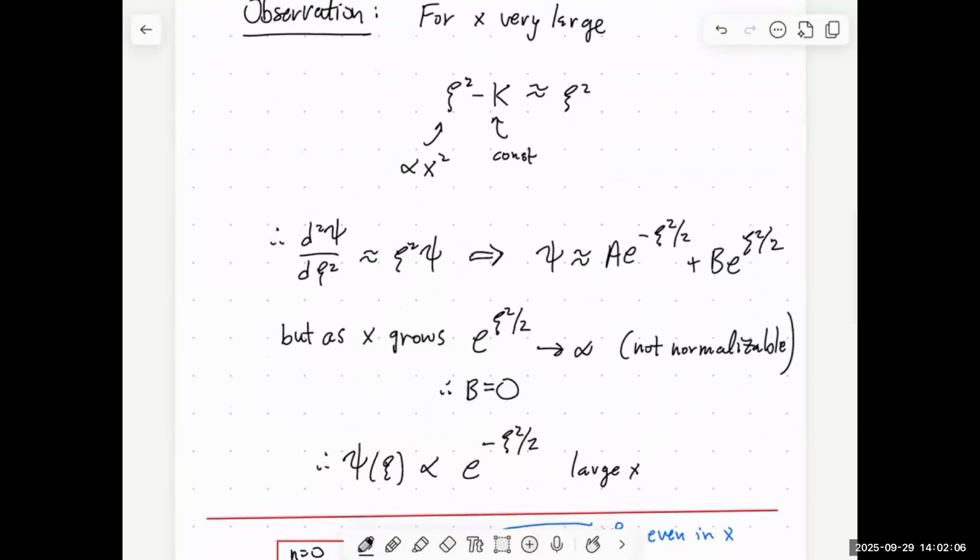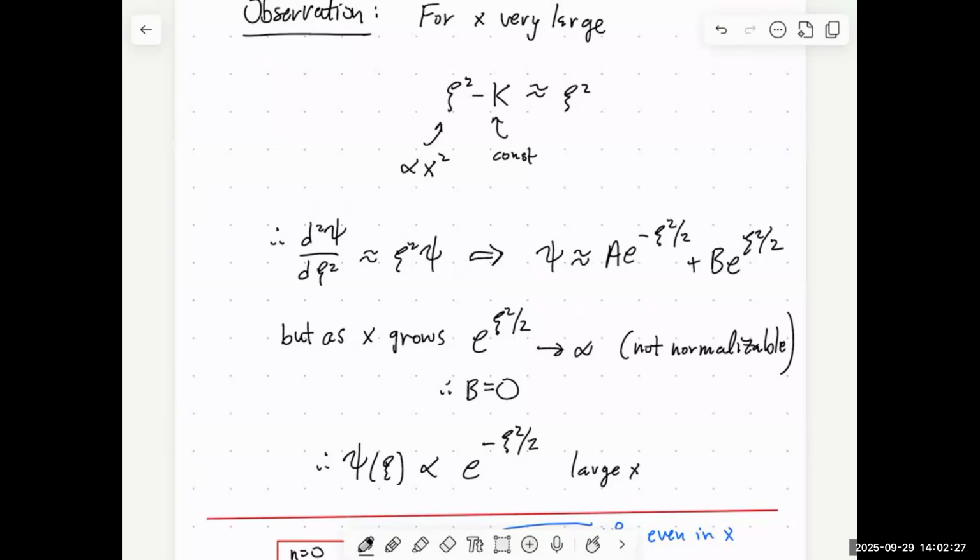But then what we said is, if I go to large x, this is an approximation for the large x solution. Well, this term with e to the positive z squared over 2 is just going to blow up. There's no chance that we would ever normalize that. So this b coefficient has to be 0.